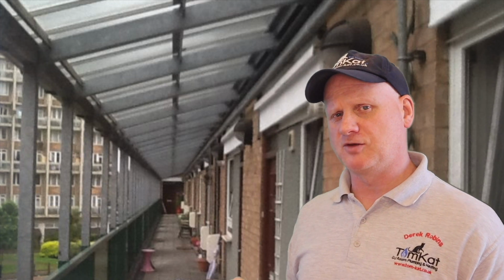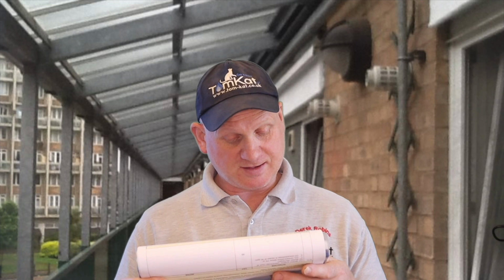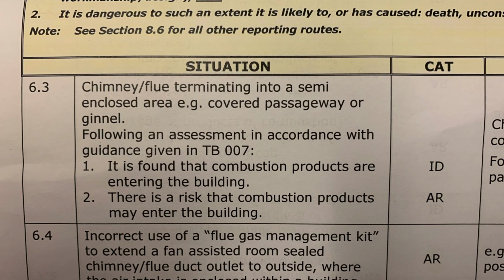So these, as you can see here, the 2 flues, well there's quite a few flues, are terminating in this covered passageway. So there is 6.3 in our IGEM G11 which says chimney flues terminating into a semi-enclosed area, e.g. covered passageway or ginnel.